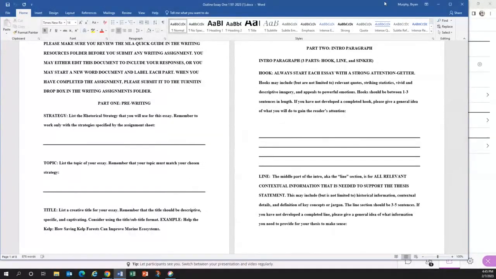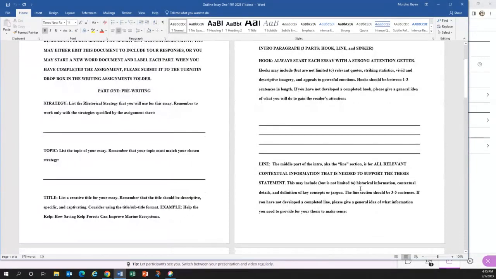Remember, the line section is for all relevant contextual information that is needed to support the thesis statement. This may include, but is not limited to, historical information, contextual details, and definition of key concepts or jargon. The line section should be between 3 to 5 sentences. If you don't have a completed line, please give a general idea of what information you need to provide for your thesis to make sense.